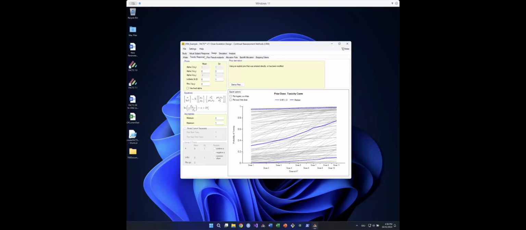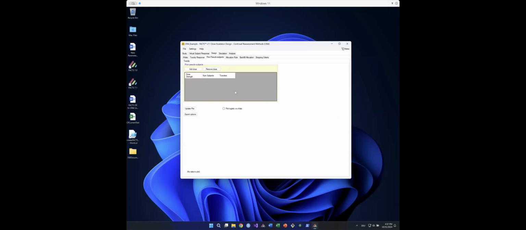There's the toxicity response, where I'm specifying my priors and where you can see the prior that I'm using, which is pretty non-informative. So these dashed lines give the 95% confidence interval, and then the solid line gives the point estimate. And you can see this is a very non-informative prior. I'm not using prior pseudo subjects.